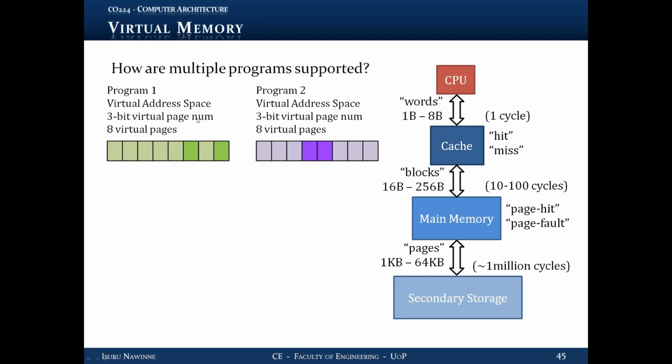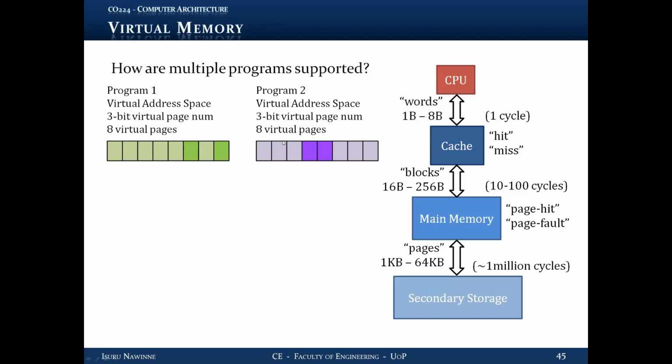The virtual page number is 3-bit size. So the virtual address space contains 8 virtual pages. Each of these slots is containing 1 page, right? So we have 8 virtual pages in the address space of program 1, and it's the same for program 2, right? So they are running on the same CPU.